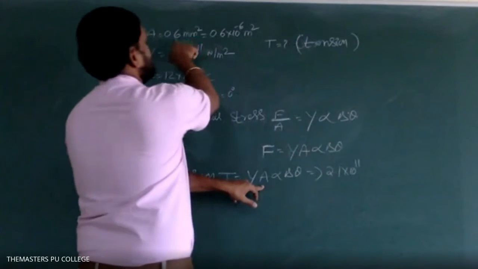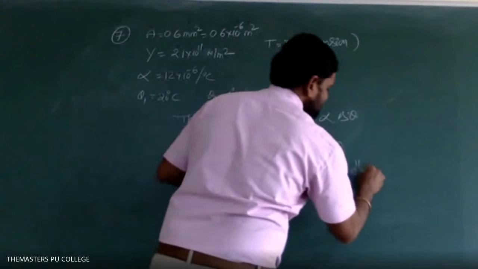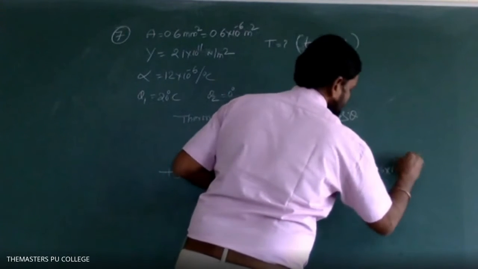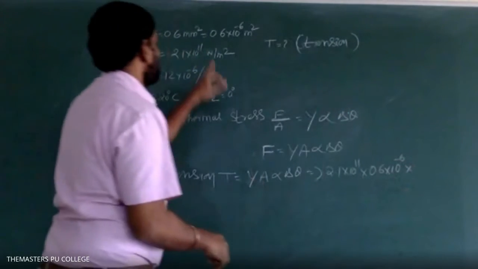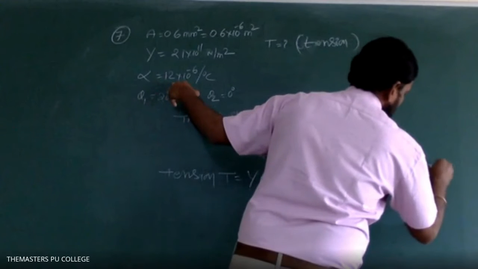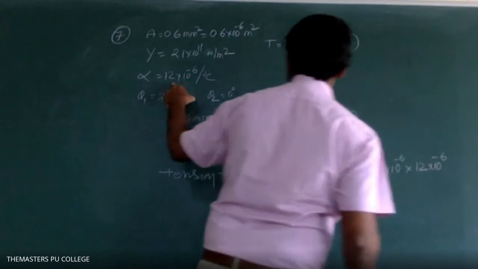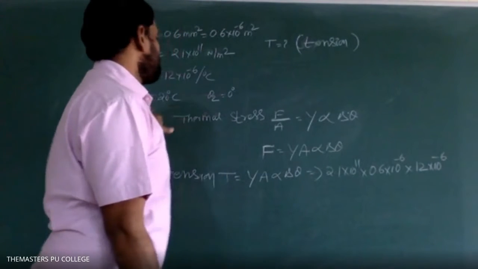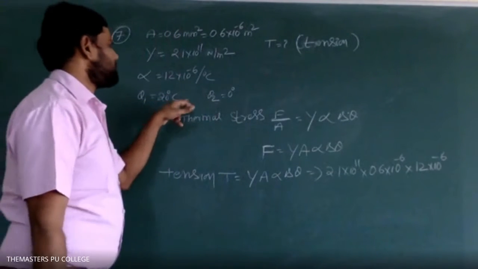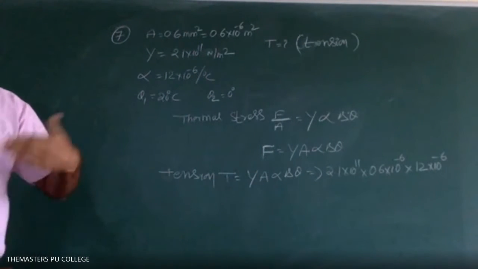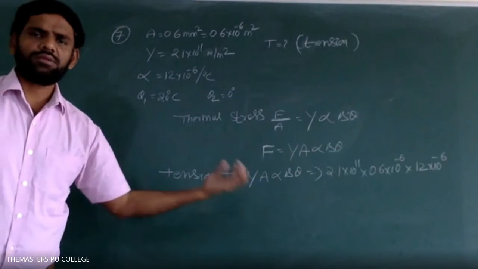The cross-sectional area is 0.6 millimeter square, so I can write 0.6 into 10 power minus 6. The alpha value is 12 into 10 to the power of minus 6. And delta theta is equal to the change in temperature, which is 20 degrees. Force will never be negative; we take the magnitude of the force.